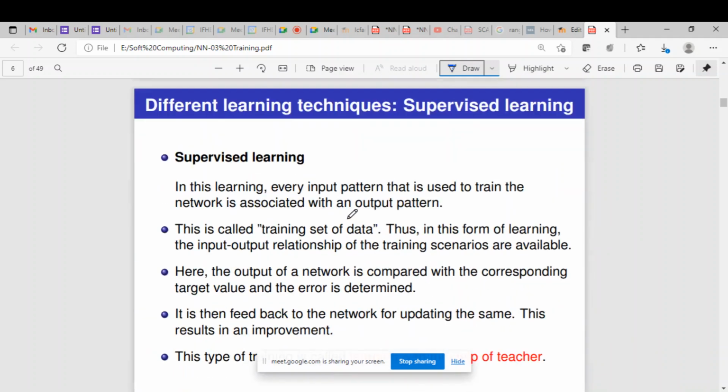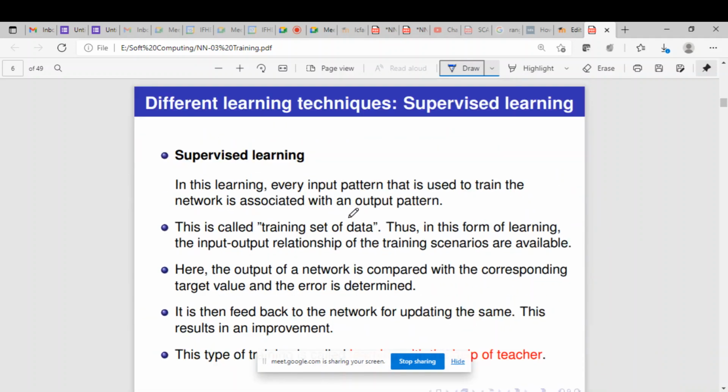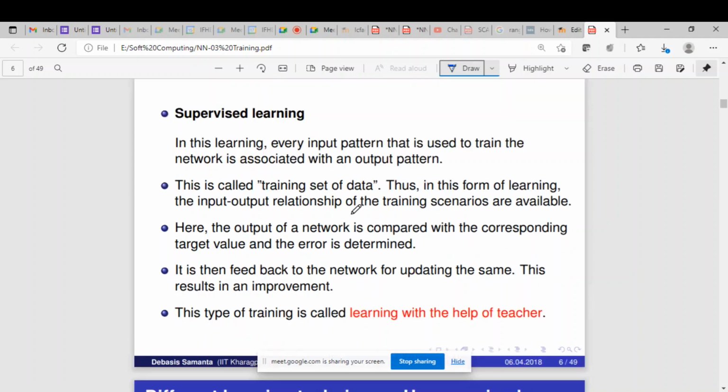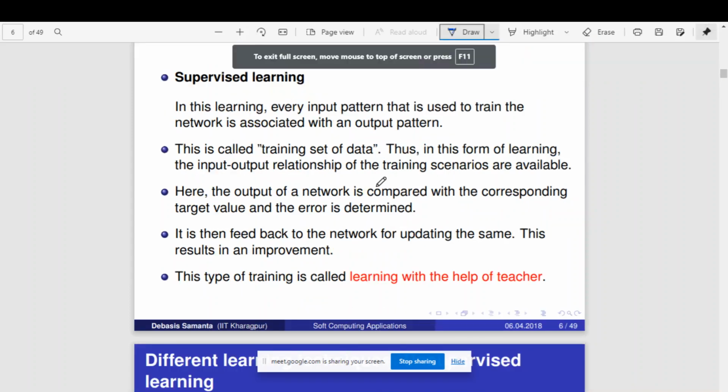First, let us try to understand what is meant by supervised learning. The previous example that I told you is actually a learning process. Learning is nothing but adjusting weights. How the neural network adjusts the weights, that process is called learning. Whatever example I told you comes under supervised learning.